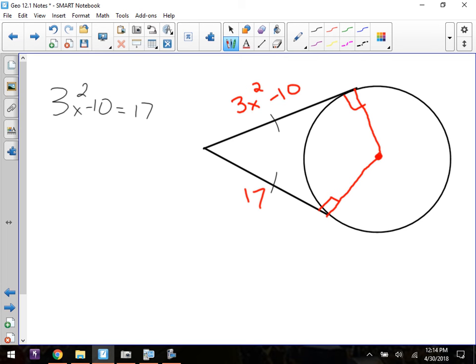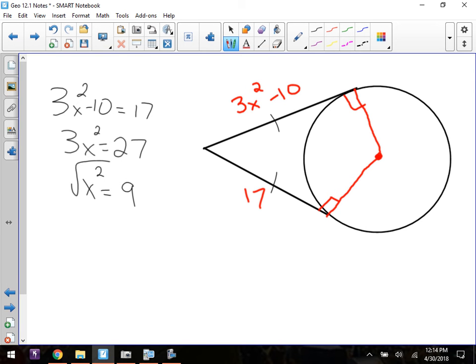Remember, you're working backwards from the order of operations. What do you have to do first? Yeah, add the 10. Good. So you add the 10 to both sides. Then what? And then lastly, good.